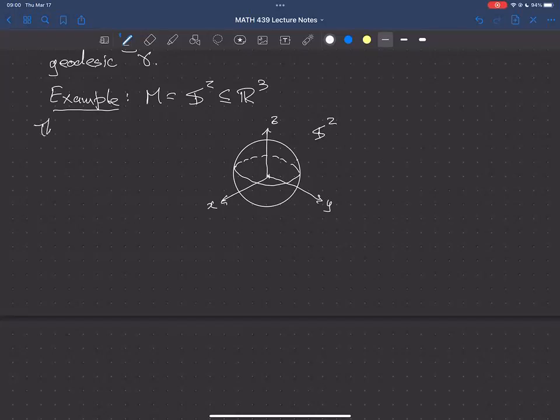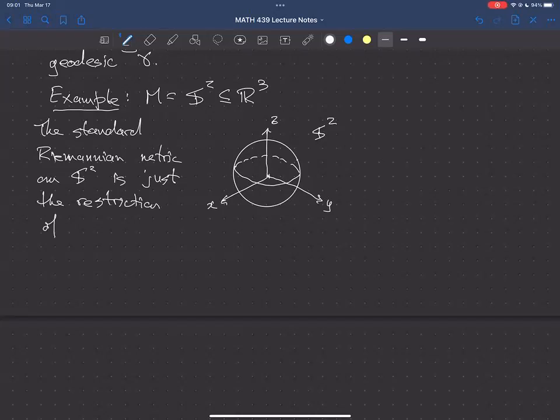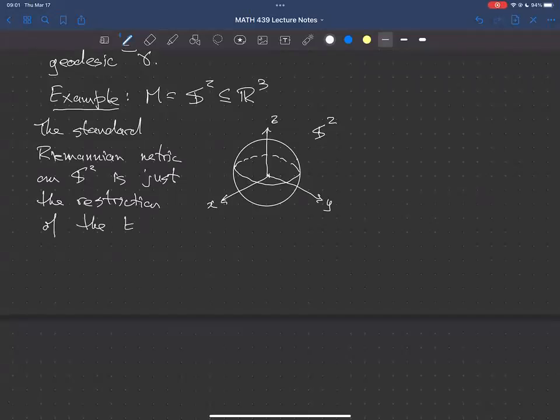Okay, so the standard Riemannian metric on S2 is just the restriction of the Euclidean metric to the tangent spaces of S2.